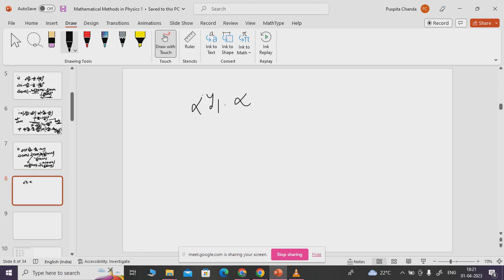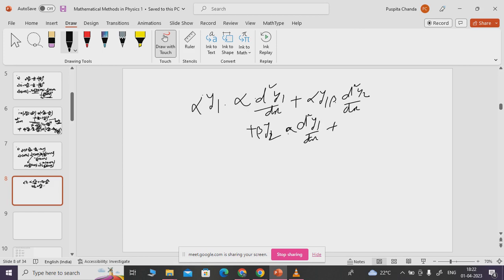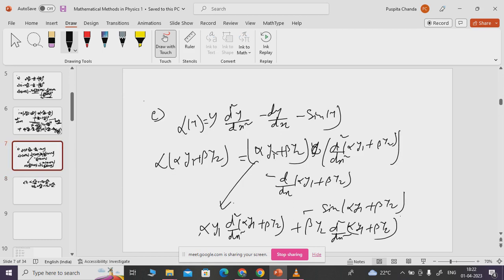So here we got a term alpha y1 into alpha d2 y1 dx plus alpha y1 beta d2 y2 dx plus beta y1 beta y2 alpha d2 y1 dx plus beta y2 beta d2 y2 dx.